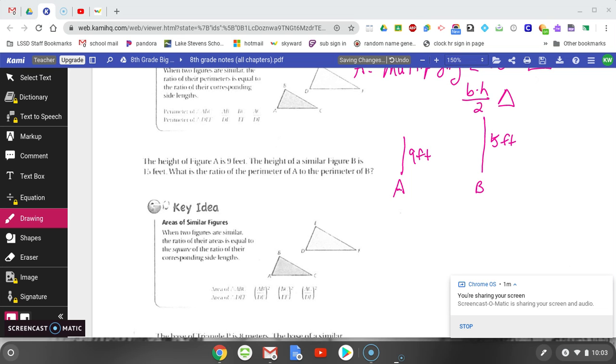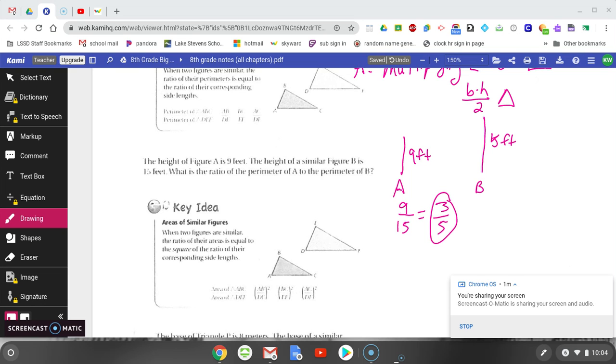We want to know the ratio of the perimeter of A to B. So the ratio of the side lengths would be 9 over 15, which I can reduce. 9 over 15 reduces to 3 over 5, which means the perimeter ratio is also going to be 3 to 5.